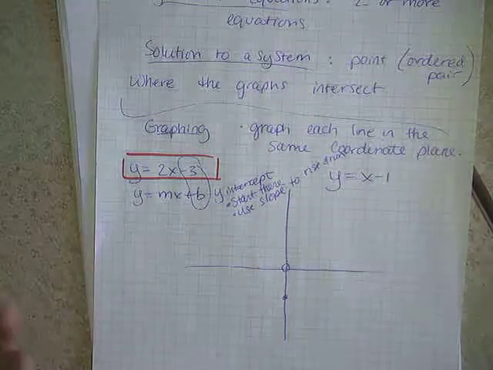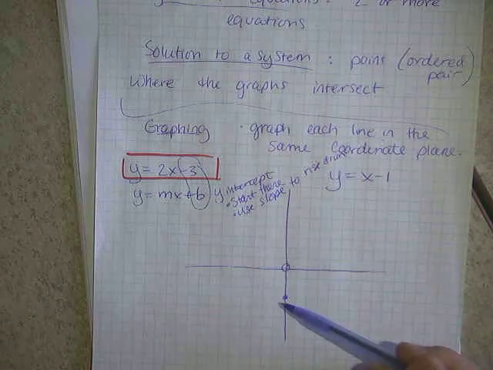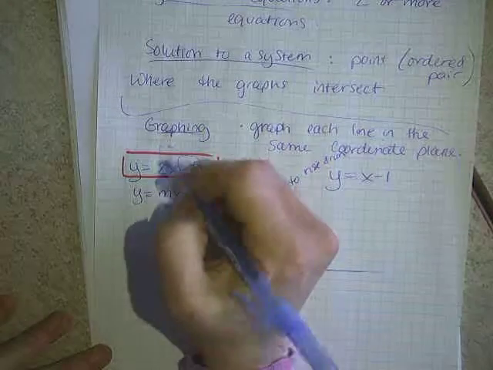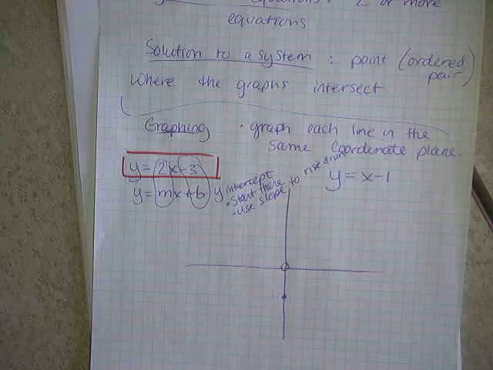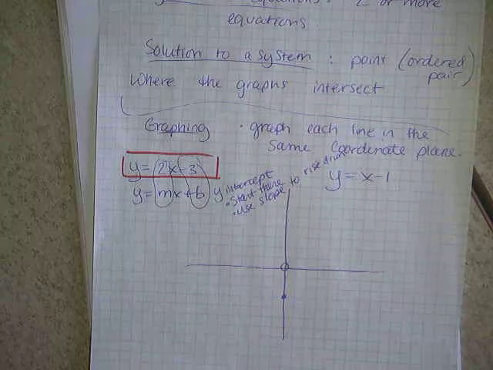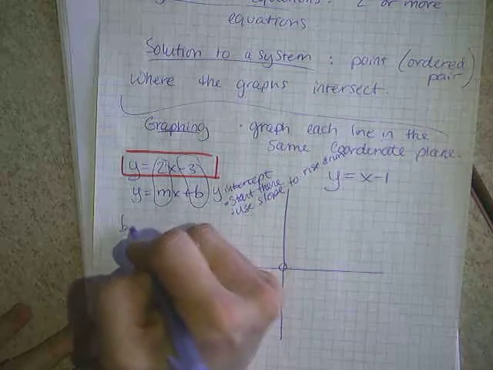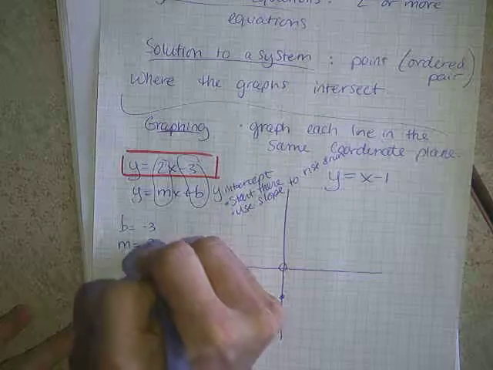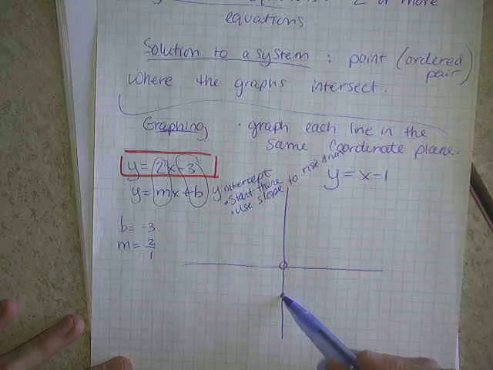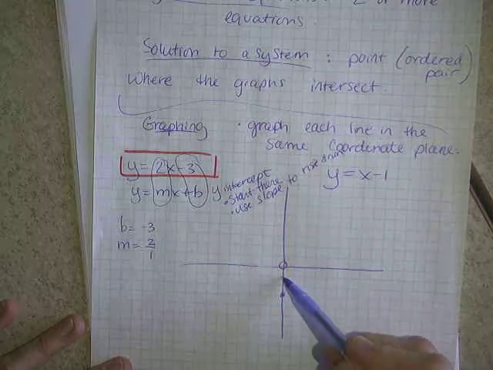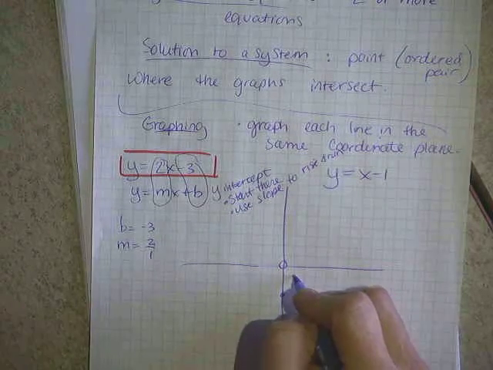And then we're going to use the slope to rise and run to get other points. So our slope is 2, but to put it in the form for rise over run, what would you do? It'd be 2 over 1.